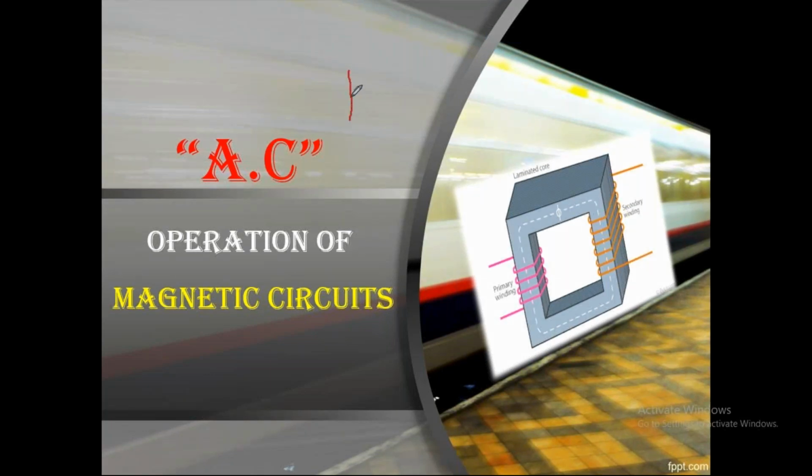See here, if you consider the sinusoidal waveform, it should be like this. Similarly, if you consider the DC supply, it is like this. So this is DC and this is AC. Now, what is the relation between frequency and time?